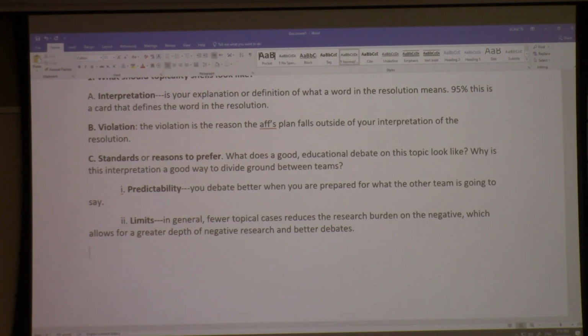And then another important standard that you will often see mentioned, that I've already mentioned a couple of times in this lecture, is ground. So the resolution exists to divide ground, and there are some things that the affirmative can argue, and some things that the negative can argue.